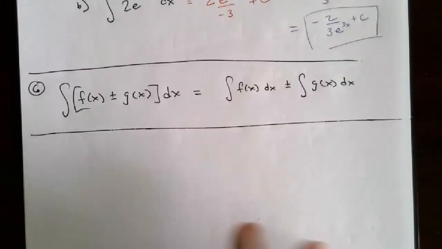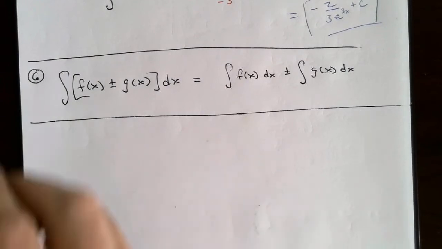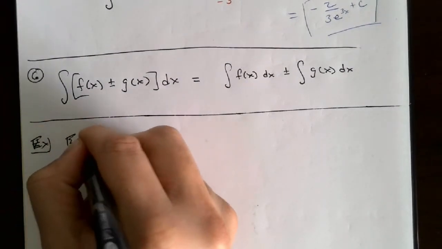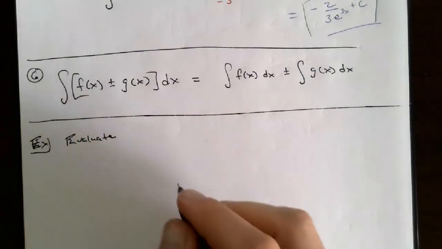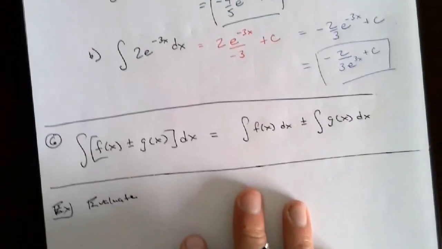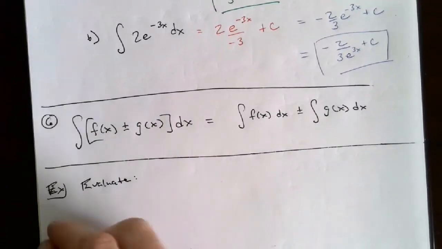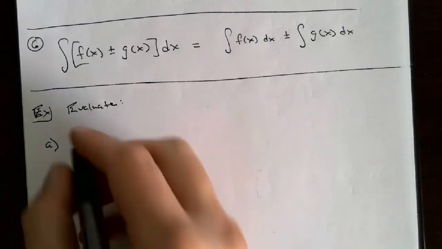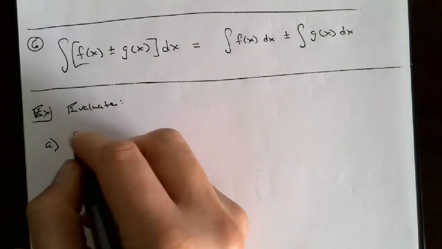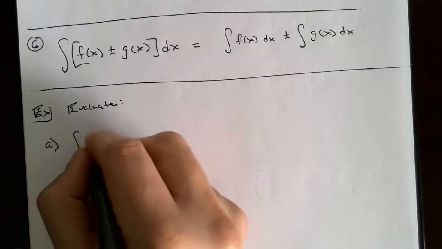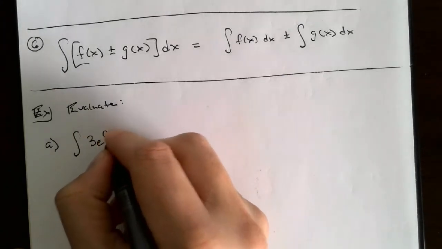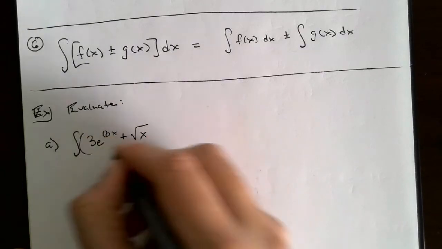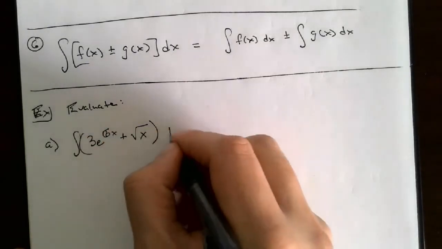This pieces together all the rules we've talked about. So for these examples, we're going to evaluate a few, and they all have to do with the antiderivative. For the first one, I have the antiderivative of 3e to the 6x plus the square root of x dx.